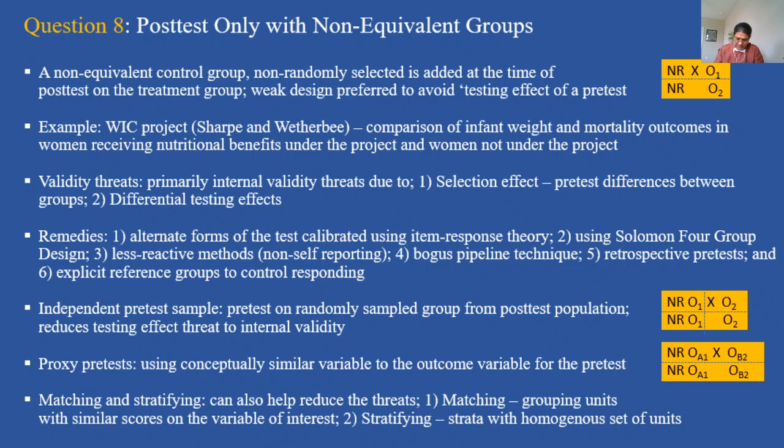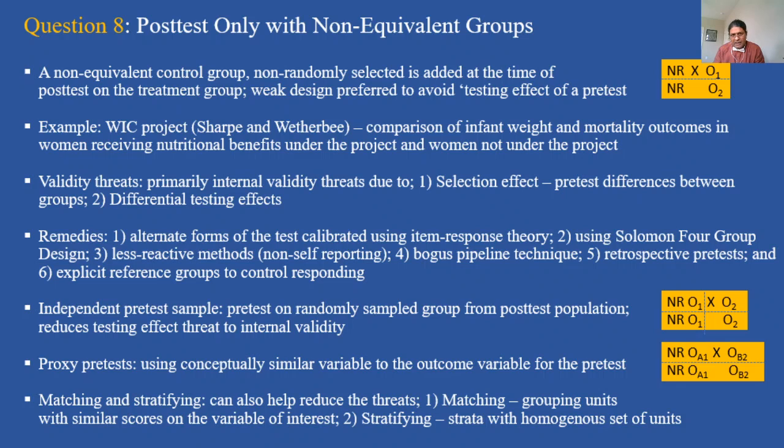Using Solomon four-group design can be done. Avoiding self-reporting issues. Using bogus pipeline techniques. Using retrospective pretests. Using explicit reference groups to anchor responding. So these are the methods that typically are used to counter the threats.